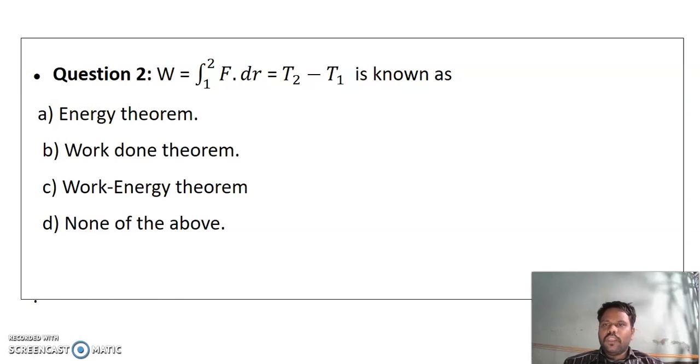Question 2. The expression is known as option A, energy theorem, B, work done theorem, C, work energy theorem, D, none of the above. You know that this is work energy theorem expression.